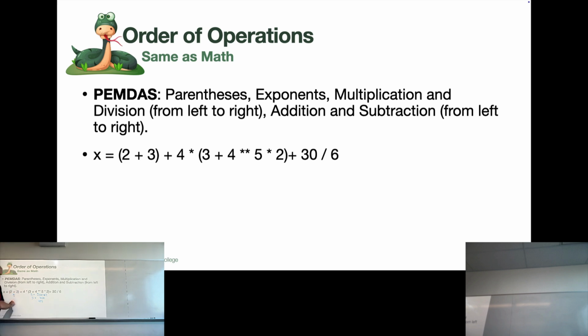Okay, so now we have, if we write this again, we've got 5 plus 4 times 403 plus 30 divided by 6. Okay, so next I've got multiplication division going from left to right. So 4 times 403 is 1612. And then we've got 30 divided by 6, which is 5.